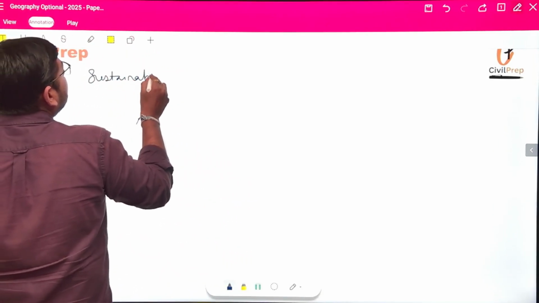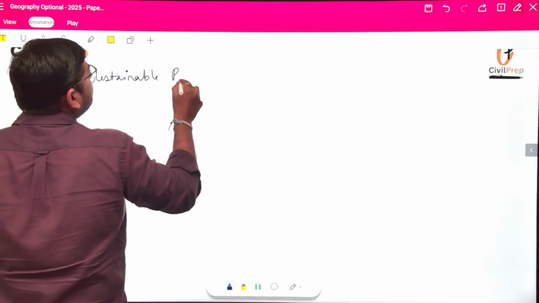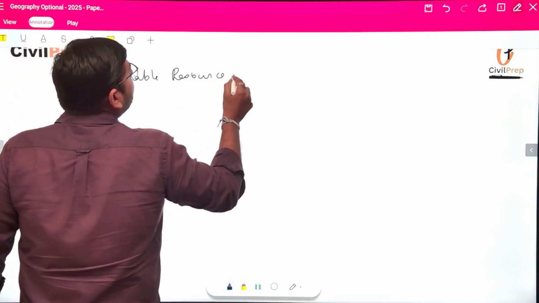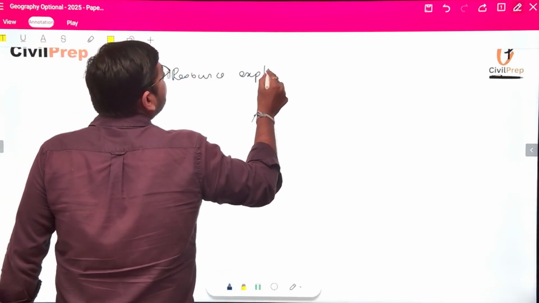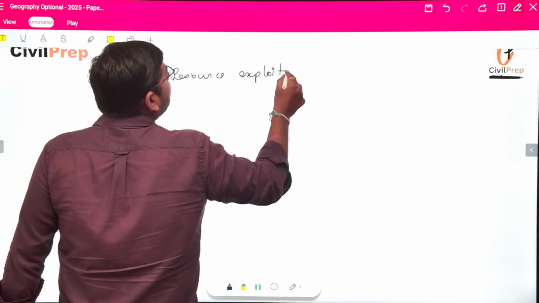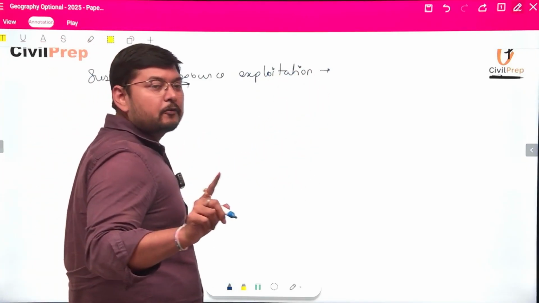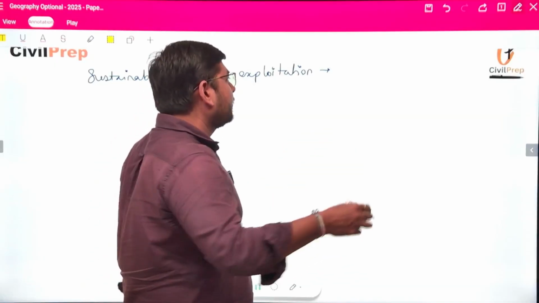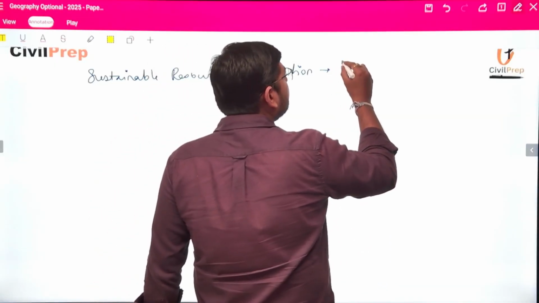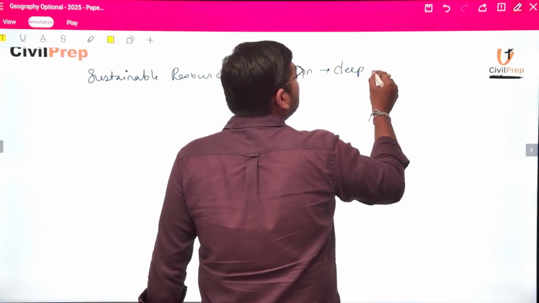For providing a good conclusion, we need to add certain aspects here with respect to sustainable resource exploitation, which is not seen from the perspective of shallow ecology, but from the perspective of deep ecology.